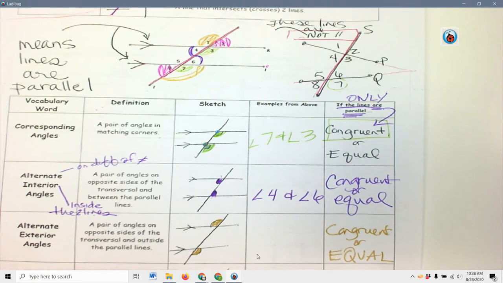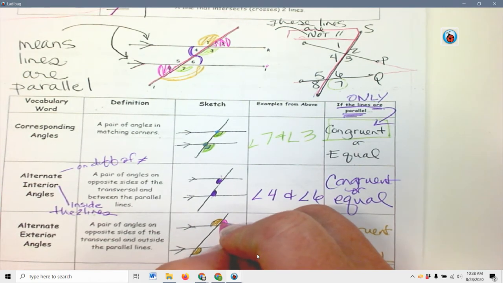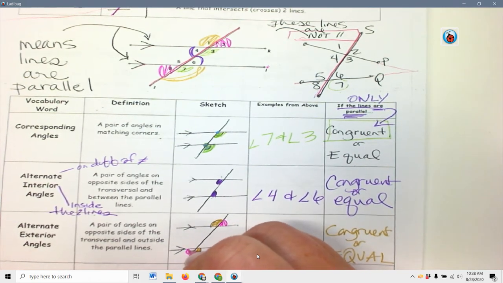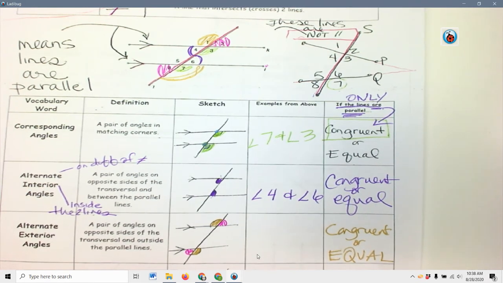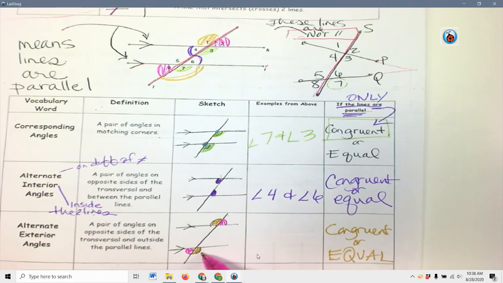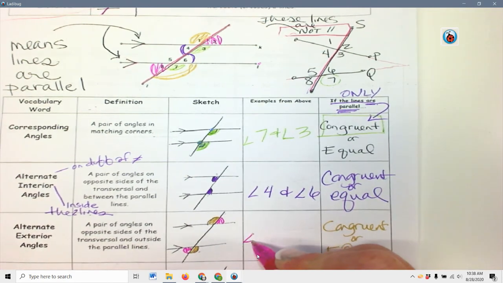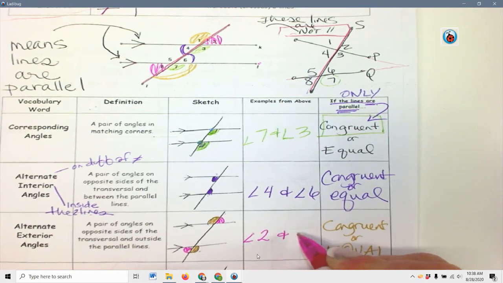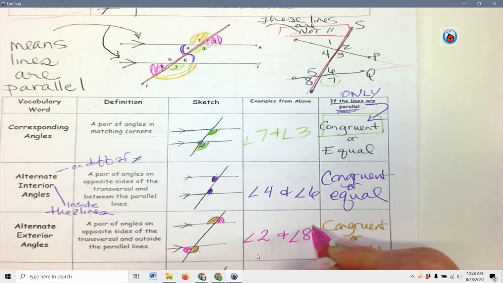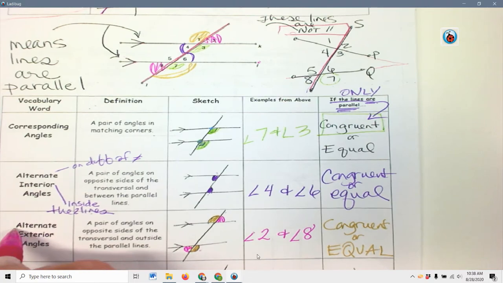Okay? So these are alternate because they're on different sides of the transversal. Exterior angles. Exterior meaning they're on the outside of the two lines it crosses. So we'll say angle 2 and angle 8 are alternate exterior angles.